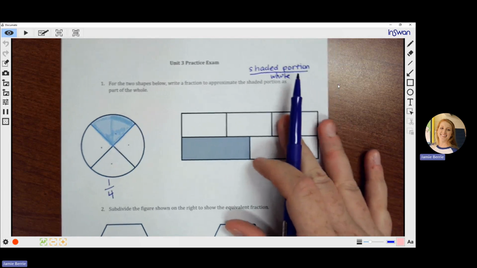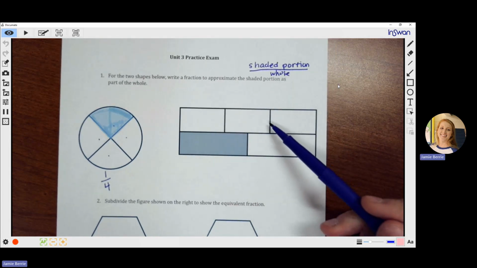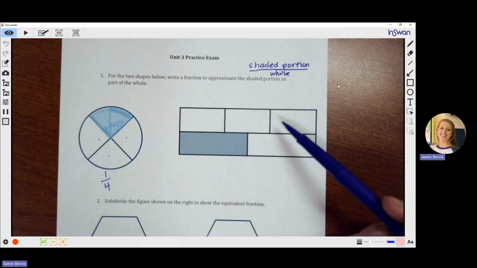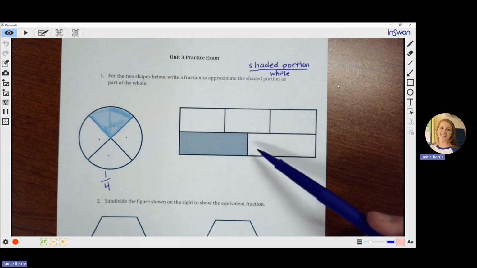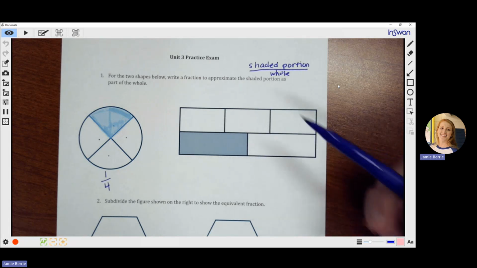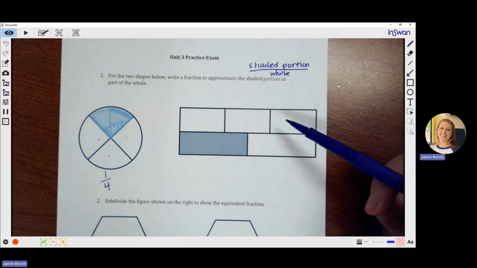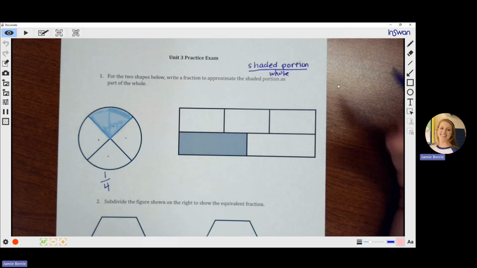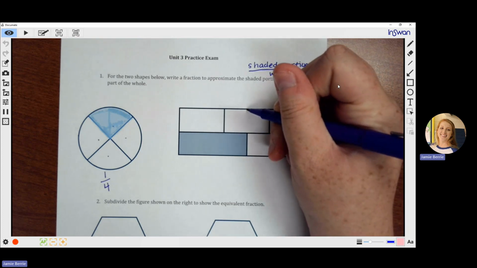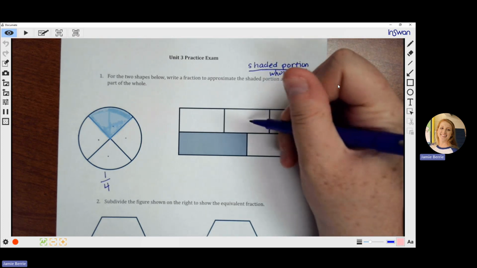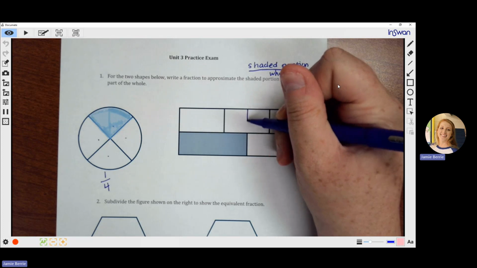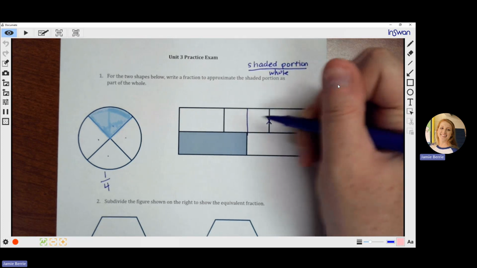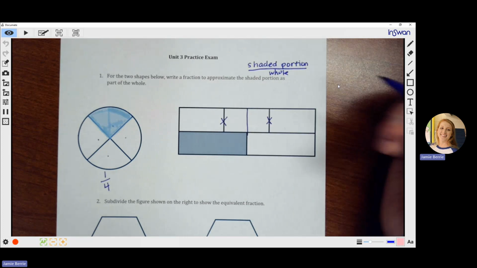All right, so that one's straightforward. This one is a little bit harder. As you can see, the top line has been broken up into 3 rectangles, and the bottom line has been broken up into 2 rectangles. Now, none of these up here are shaded, so I'm not considering them as part of my shaded portion. So instead, I'm going to redraw my sections. I'm just going to ignore these 2 lines here.